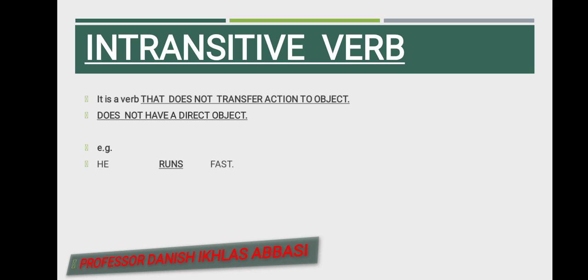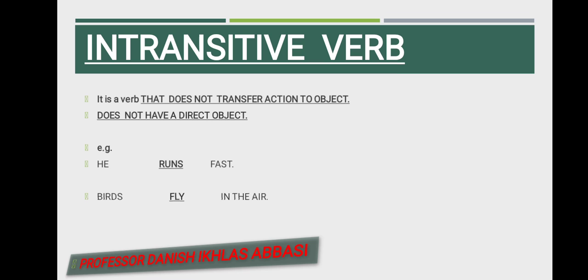But here the verb is not a transitive verb. Here the verb is intransitive because it does not transfer action to the object and it does not have any object at all. Now look at another example, that is birds fly in the air.